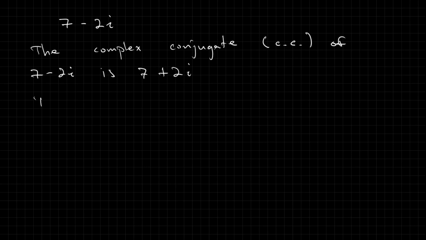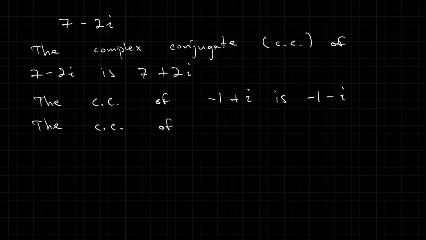So for example, the complex conjugate of negative 1 plus i is negative 1 minus i. The complex conjugate of, let's say perhaps 2i, is negative 2i.